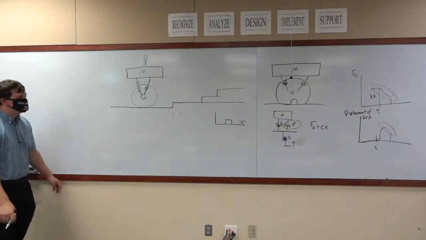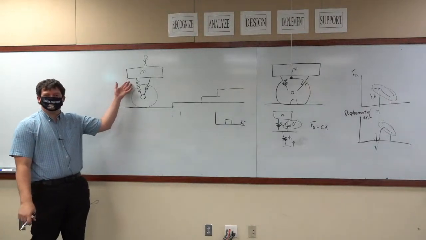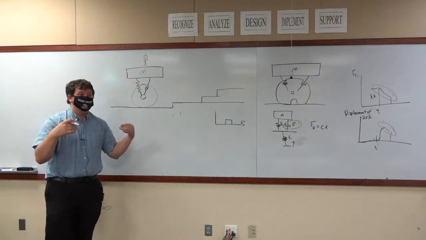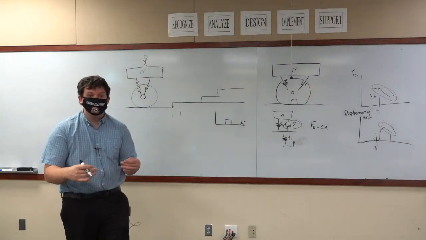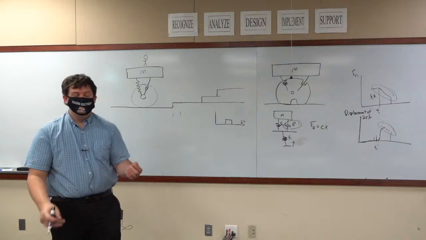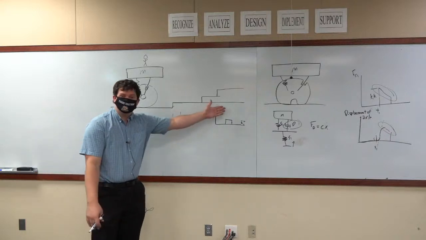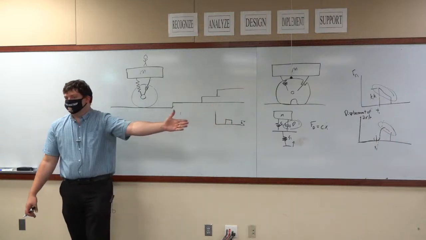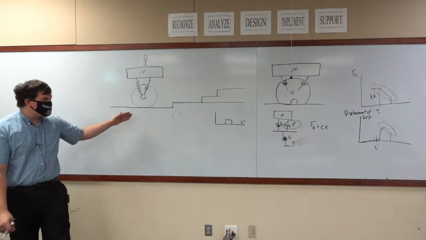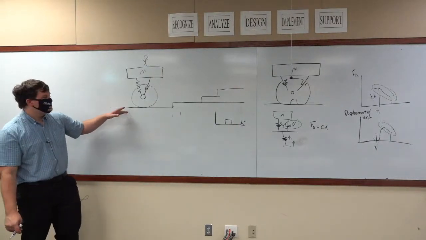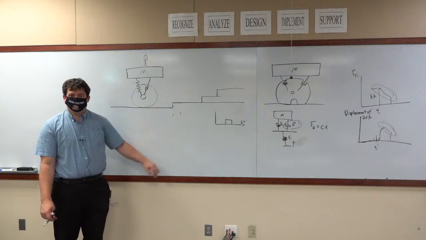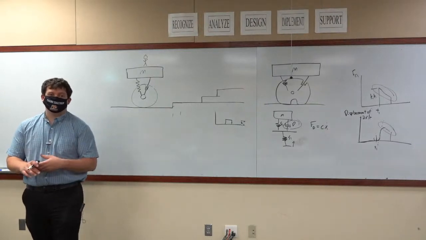So you do want the mass to move at some point. And you want it to move substantially at some point, particularly when you're going upstairs. But you do not want it to move upward for a very tiny bump. That is the difficulty that we have with suspension.